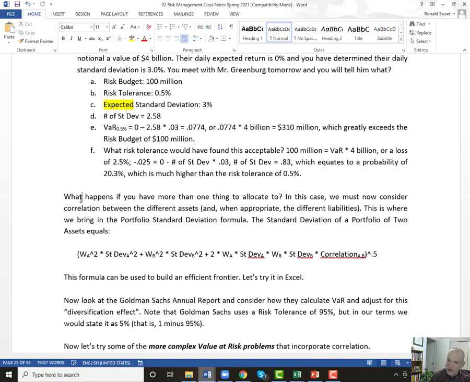What we have to do is take correlations into consideration. If they were all correlated 1.0, perfectly positively correlated, then yeah, we could just take the 5% event for each one of them and add them all together, and that would tell us our 5% risk for the entire corporation. But because they don't all move exactly together, you have to bring in correlations.